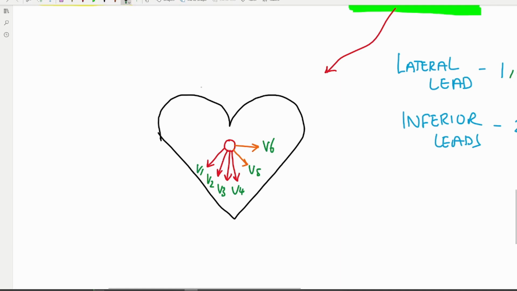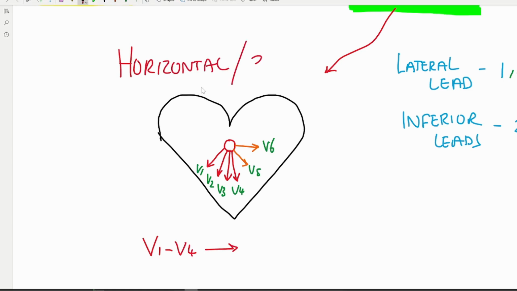So V1 to V4, if you look at where they are pointing towards, and keep in mind they are our horizontal sort of 3D leads, V1 to V4 is pointing in the anterior or septal direction in association with the heart.